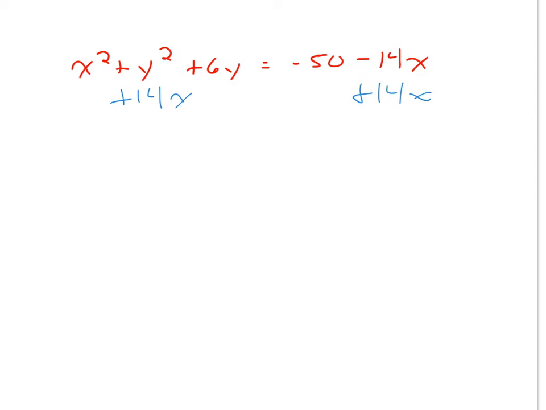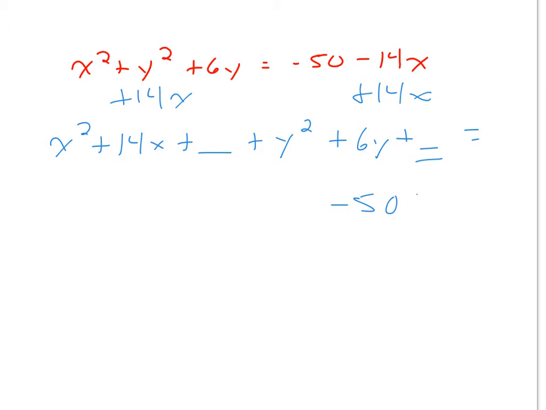And now I'm going to write this as x squared plus 14x plus blank plus y squared plus 6y plus double blank is equal to, and I'm going to write this right below here so I have room, negative 50 plus blank plus double blank.